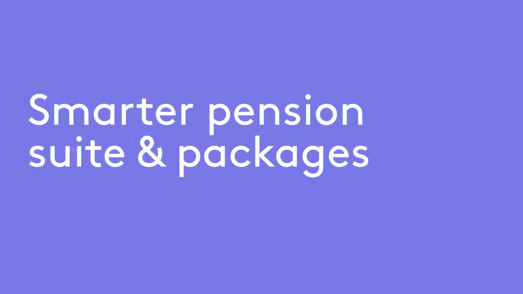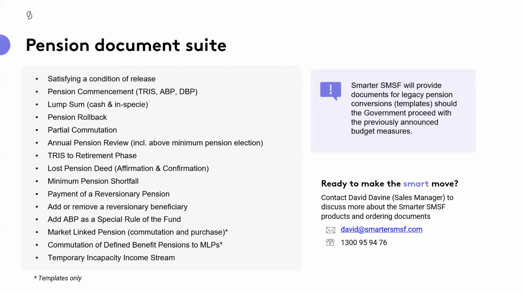A couple of things just to be aware of around what we do in this space with pensions, because it is very comprehensive, not only in our broader set of SMSF documents, but specifically with our SMSF pensions. We have pensions that deal with TRIS, account-based pensions, and death benefits. We have our lump sum suite, again, whilst the member is alive, and also death benefit lump sums.